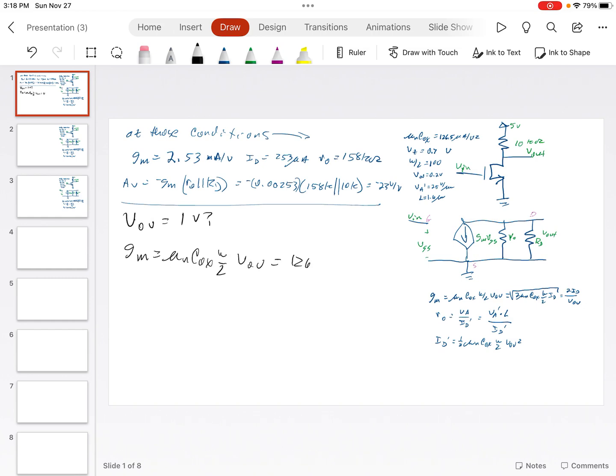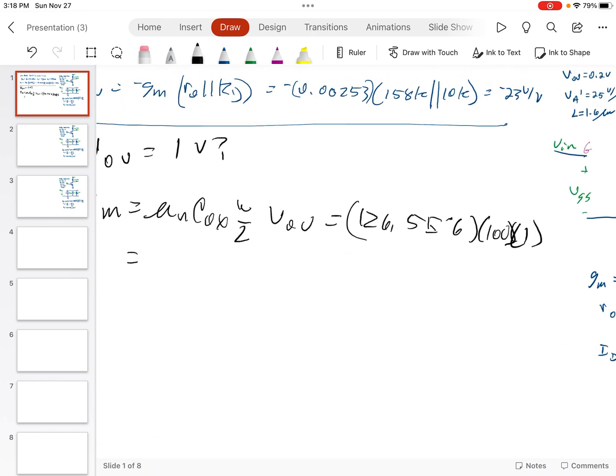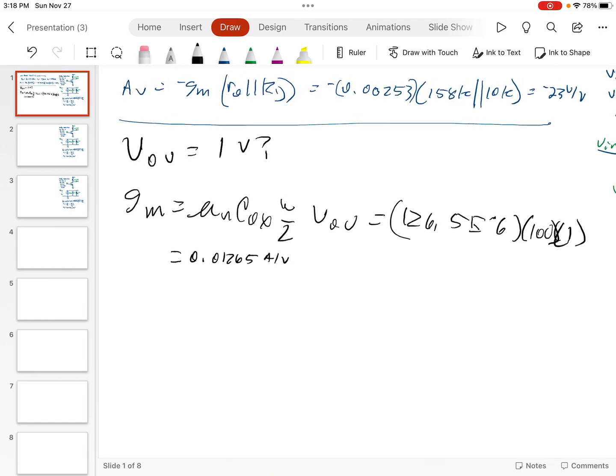So it's 126.5 e to the minus 6 times 100 times 1. And we get 0.01265 amps per volt for GM, transconductance.